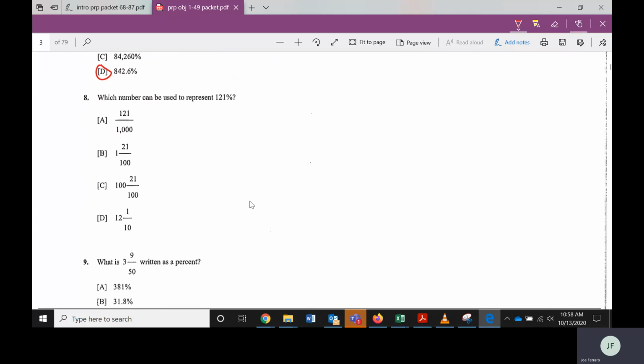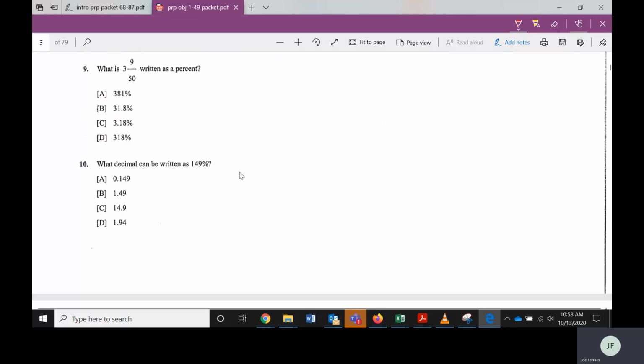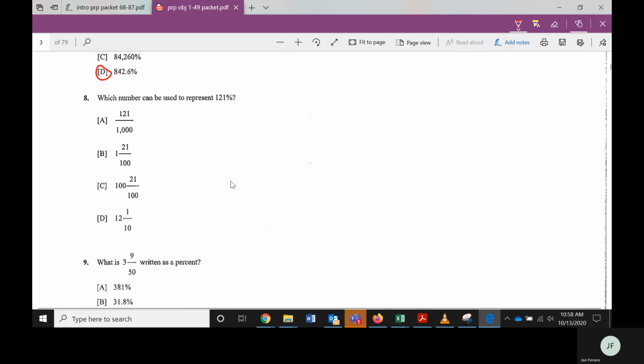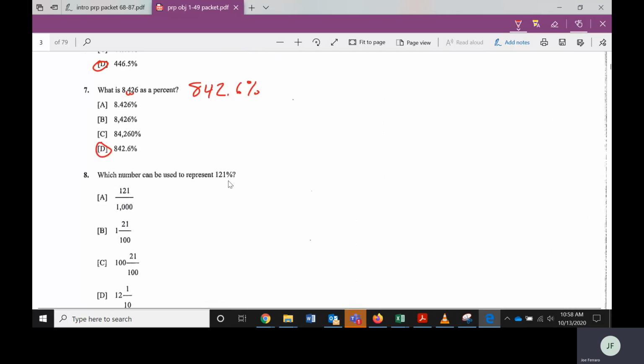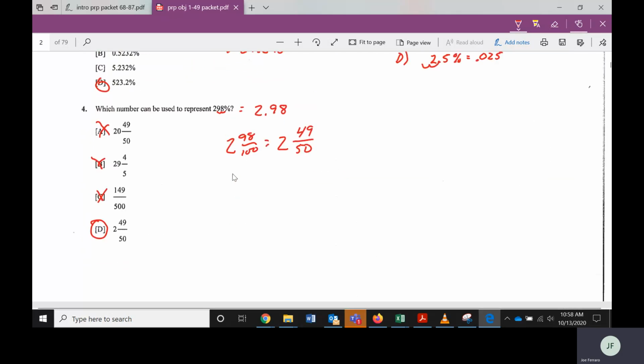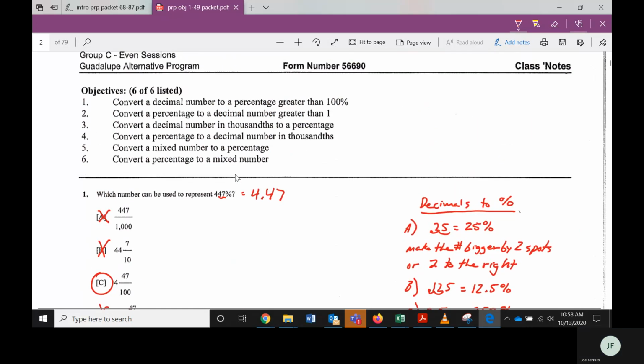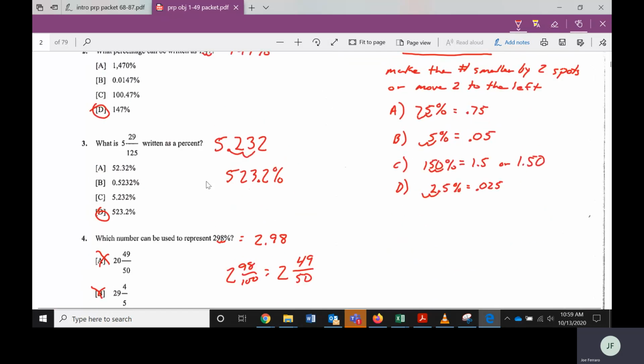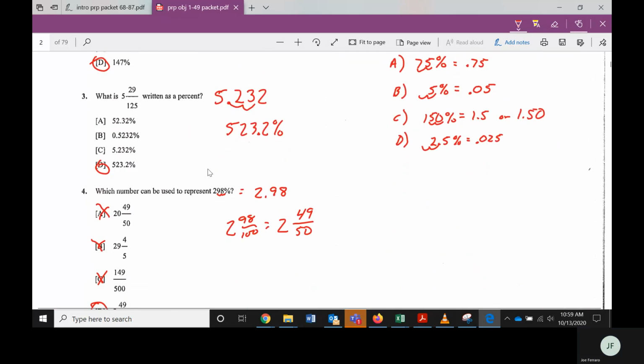I think this could be close to the last one we do here. Which one will represent? Let's see, have we done 2 of those already? Yeah. Okay, just seeing how many more we need to do here. Oh, we need to do some mixed number stuff. So these are the main things.